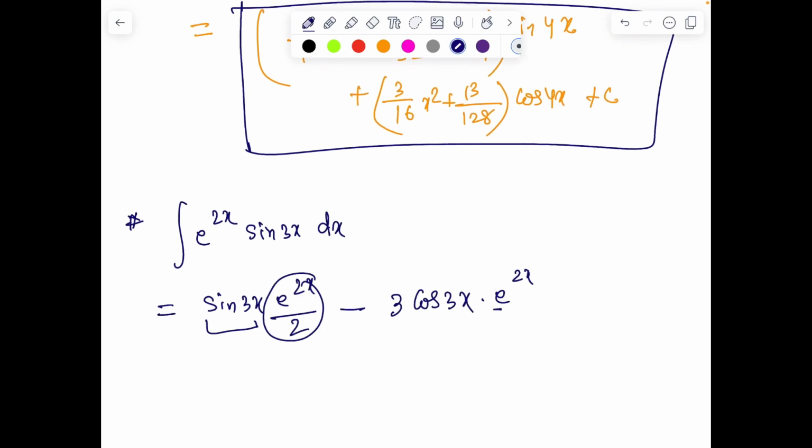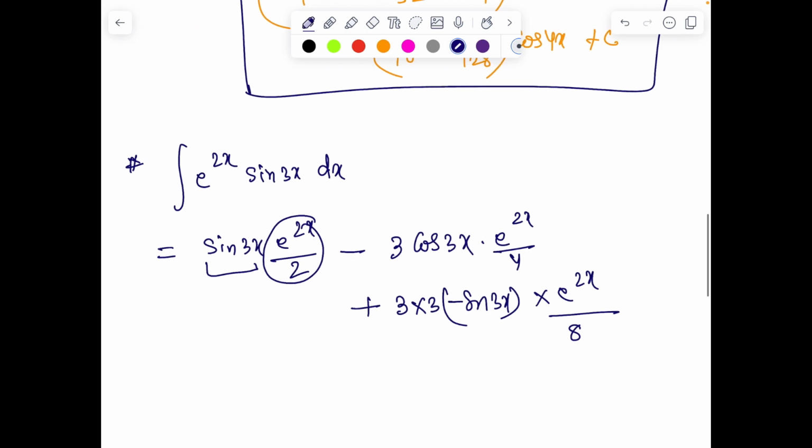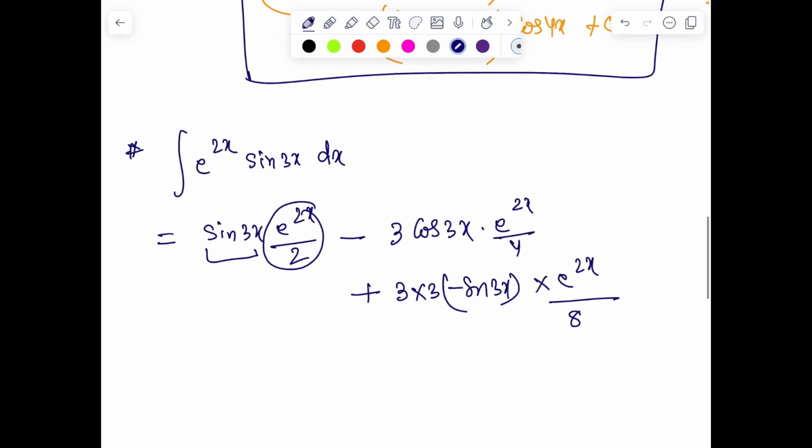By 2, so by 4, and now plus, it's going to be 3 into 3 minus sine 3x, and this integration is going to be e to the power 2x by 8, and so on and so forth.